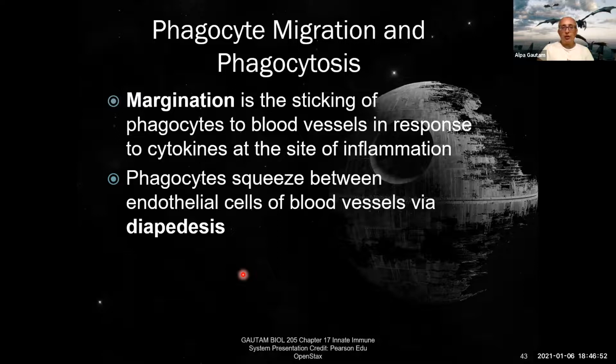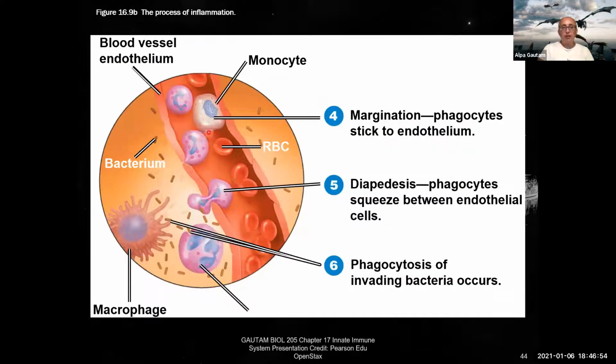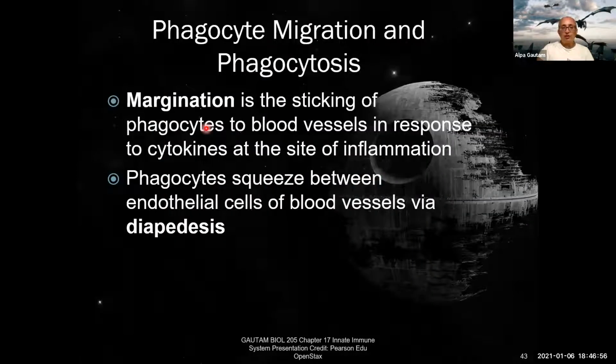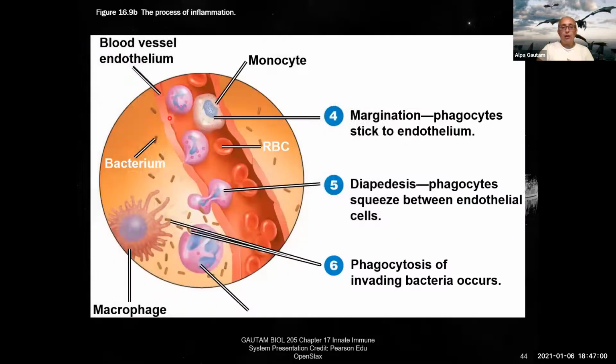What we're talking about here is the process of margination. Here is our capillary, and this is the tissue outside, and this is a bacterium. That's a macrophage. These small, rod-shaped cells are the bacteria. Now, what this is describing is how the white blood cells exit the capillary.